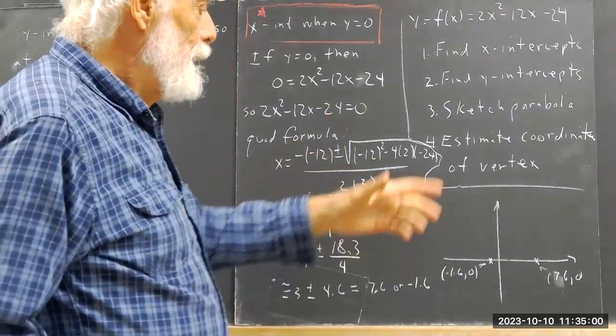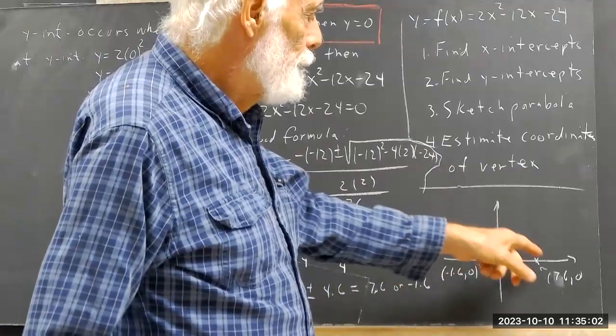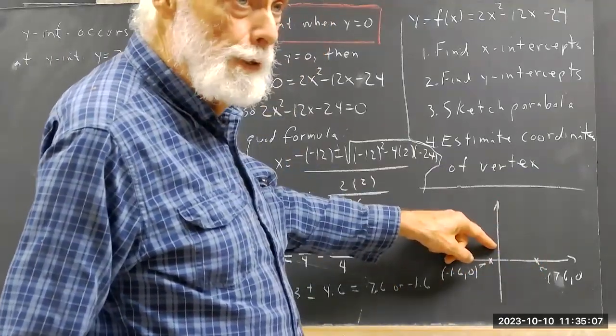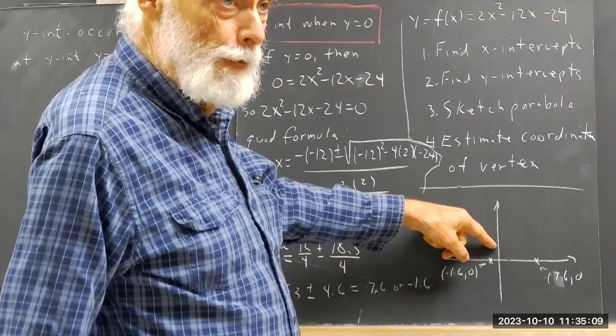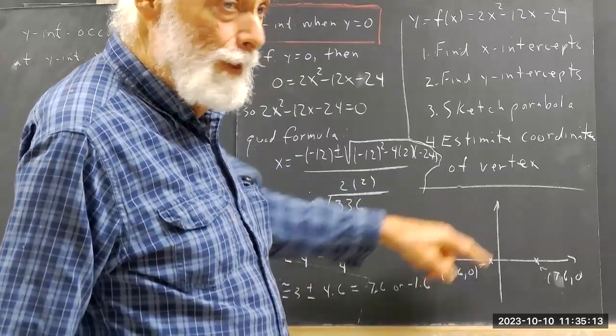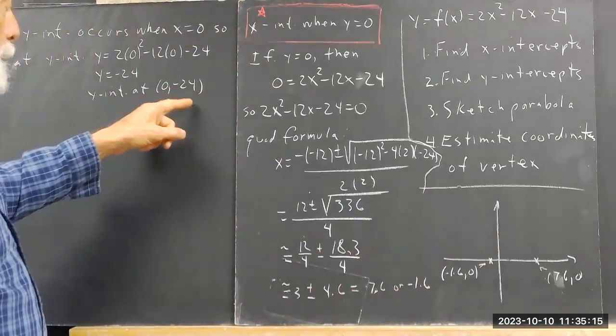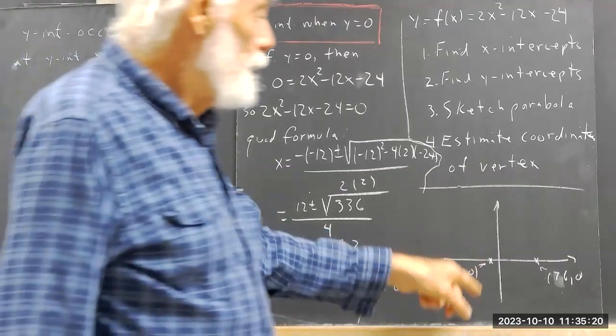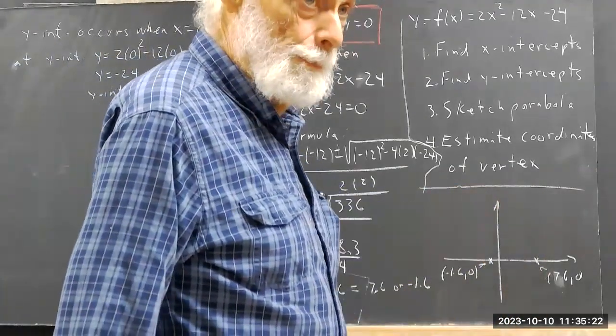Again, if we draw the parabola upside down, then the y-intercept is going to be maybe here, above the x-axis. And it can't be, because we've already determined that the y-intercept is at y equals negative 24.